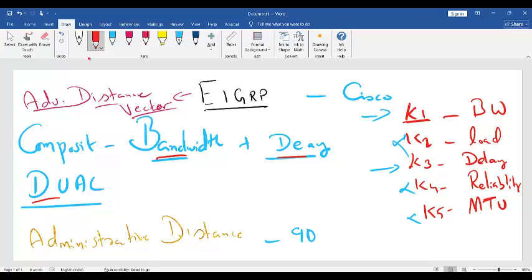Why are they saying hybrid protocol like that? If you see, EIGRP maintains some tables like a link state routing protocol, which we will be learning later, called OSPF. So it has got some sort of link state protocol output. Only the output is like that.